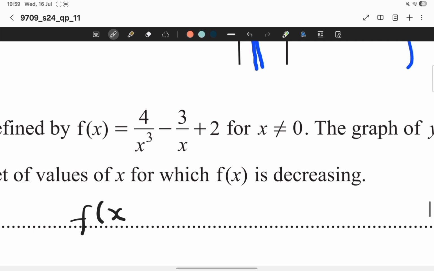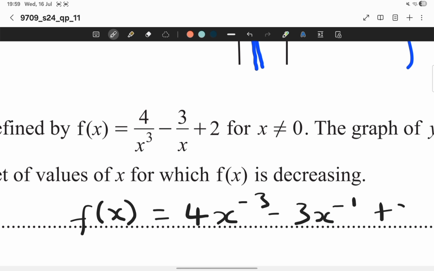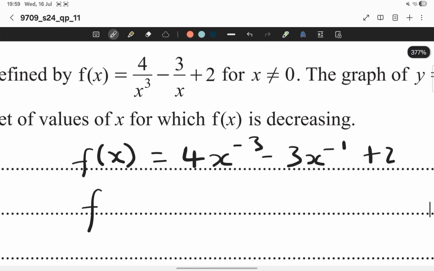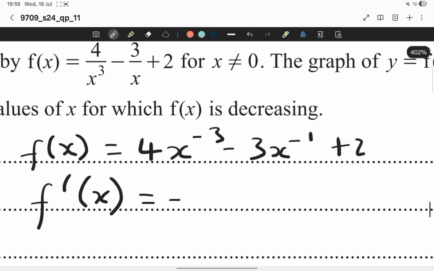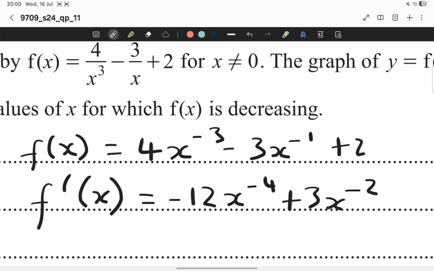f of x equals 4x to the power minus 3 minus 3x to the power minus 1 plus 2. So the first derivative will be minus 12x to the power minus 4 plus 3x to the power minus 2.